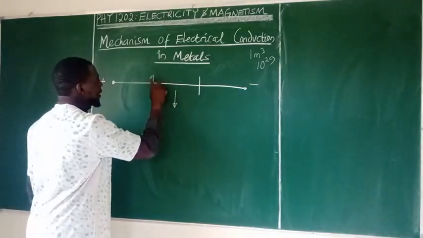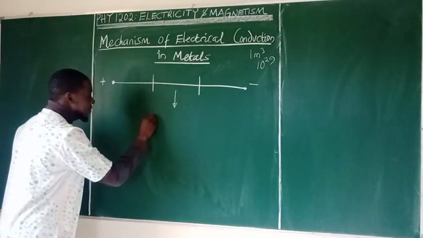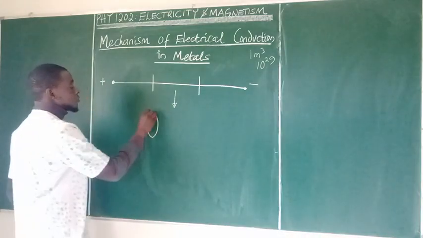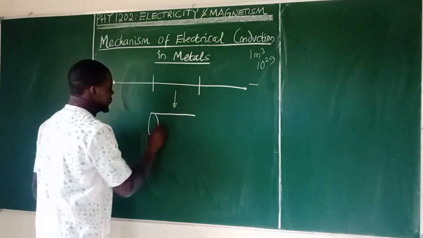We are going to magnify it. If I cut this portion and magnify it, we know that the wire is cylindrical, so this is what we are going to find.